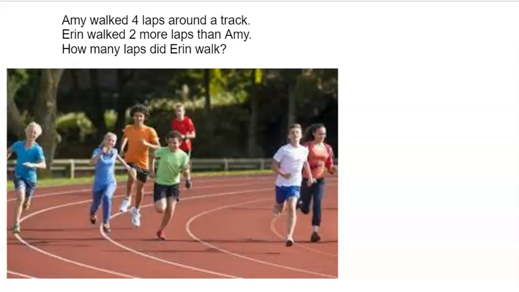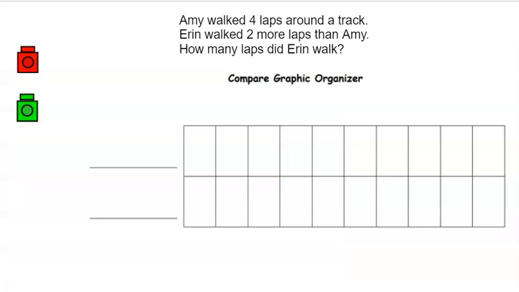Let's look at a graphic organizer to help us solve this problem. We're going to compare the laps that they ran around the track. Are you ready? Let's label our graphic organizer here.